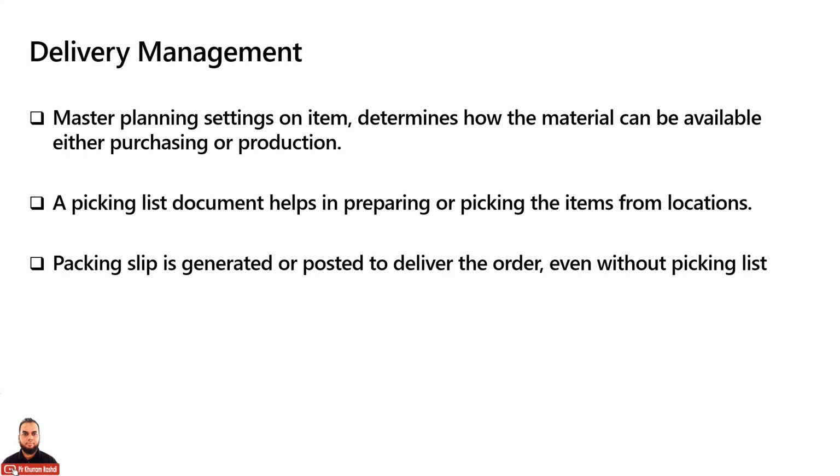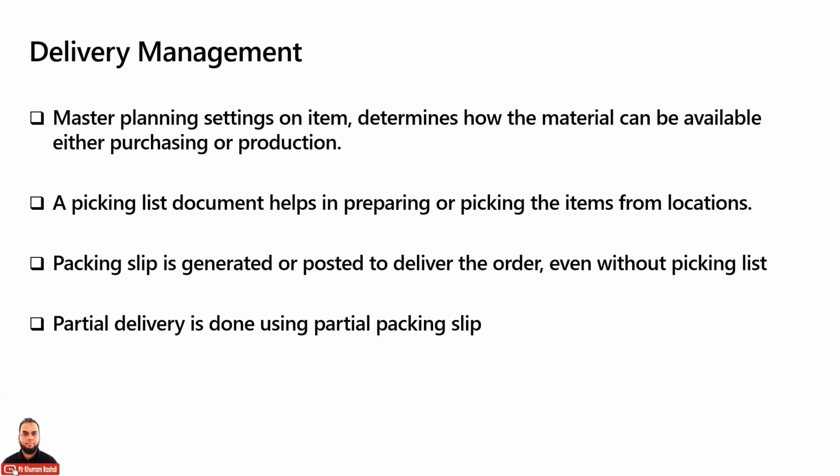That packing slip can be generated without a picking list. Partial delivery is also possible, for example when 100 quantity is ordered and we deliver in 10s or 15s, whatever the requirement of the customer is.